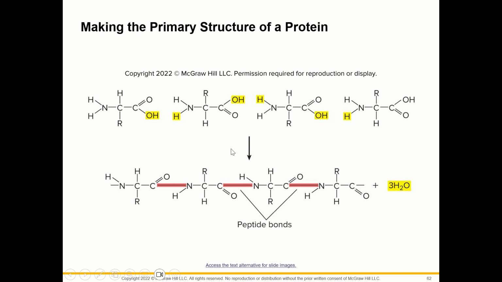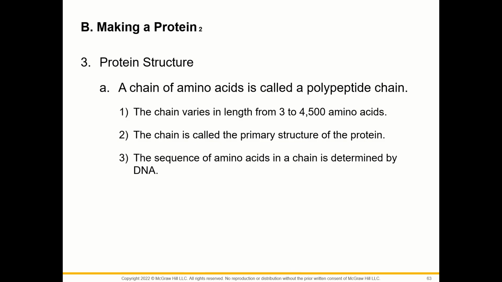And it looks like we bonded 1, 2, 3, 4 amino acids together and formed 3 peptide bonds, and we got 3 waters as a result of that dehydration synthesis. So you're starting to see why the body is made up of all this water. Not only does it have electrolytes dissolved in it, and we have intracellular and extracellular fluid, but we also use water when building and breaking down bonds.